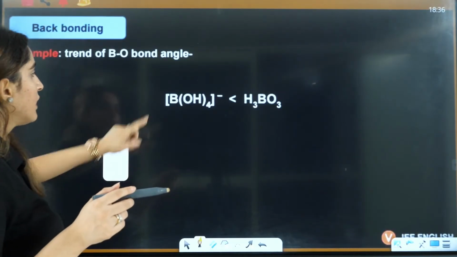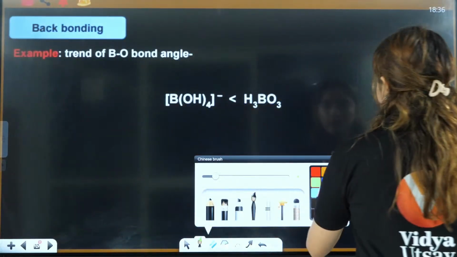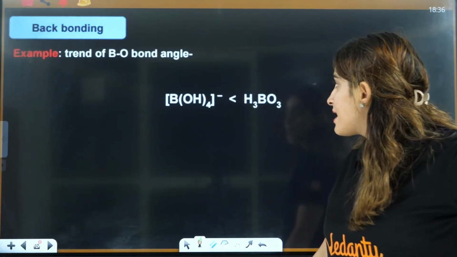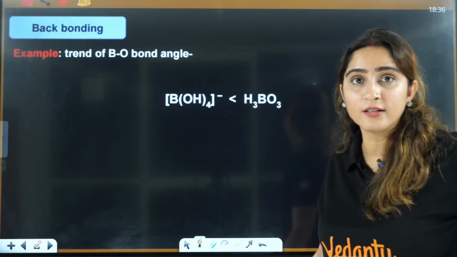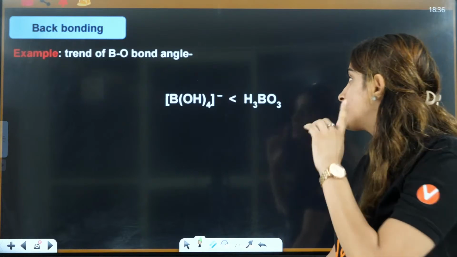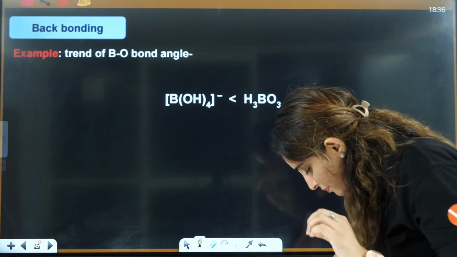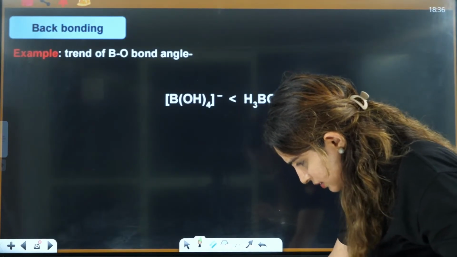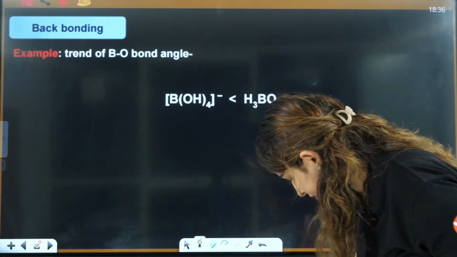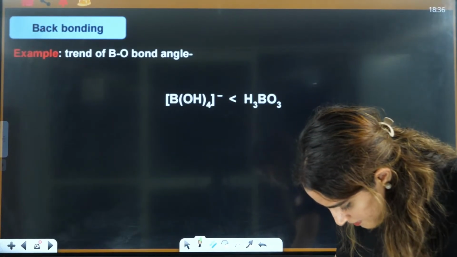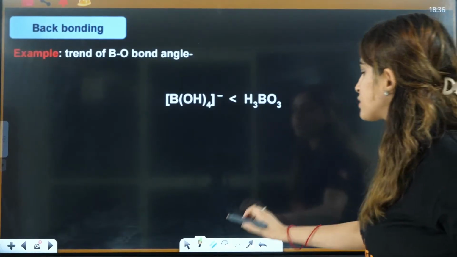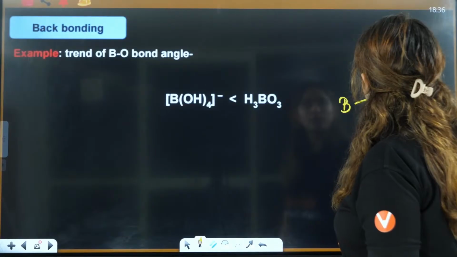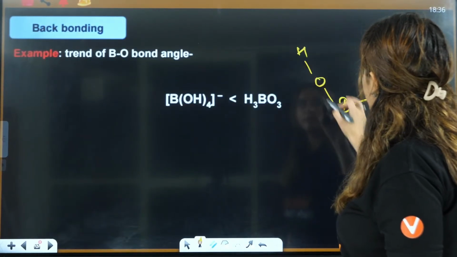Acha. Can you tell me about this question here? The trend of bond angle is this. Why does H3BO3 have a larger bond angle? You will study this in P block as well. This is based on which thing? Yes, it is based on back bonding.